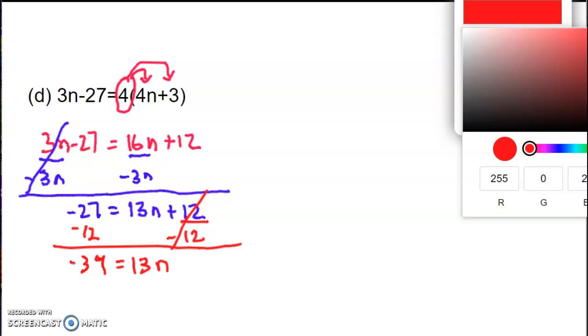And so then you need to divide both sides by 13 because 13 is being multiplied to n. So then when you finally get n, 39 divided by 13 is 3. Negative divided by positive is negative. So n is negative 3. Okay, and that's my final answer.